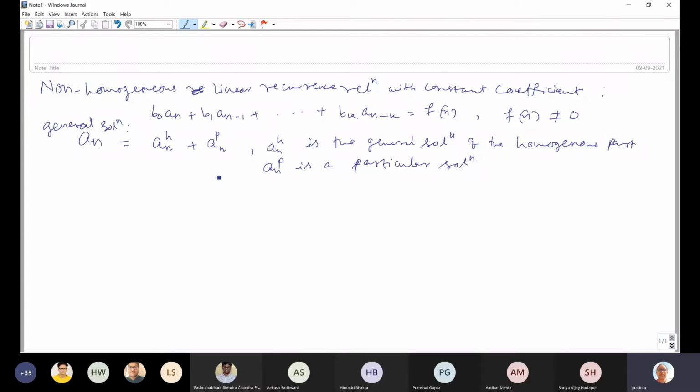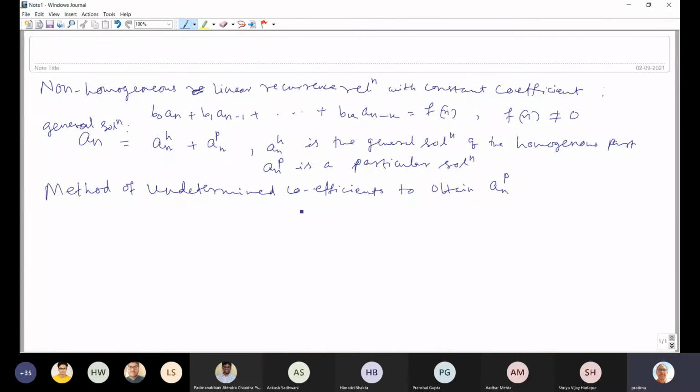One may get it in several ways, but here we shall discuss the method of undetermined coefficients to obtain a particular solution a_n^(p).